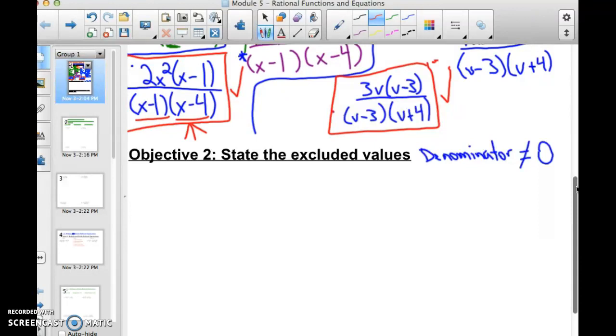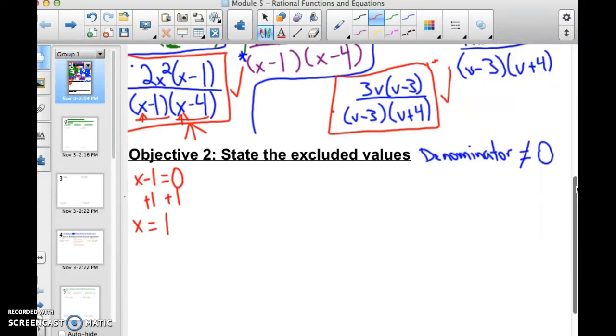I have to decide, what do I put into those factors that would give me 0? So what would I put into this x that would give me 0 and this x that would give me 0? And so I'm going to write the first factor, x minus 1, and I can solve it just like we've been solving. X minus 1 equals 0, if I add 1, I get x equals 1 in this case.